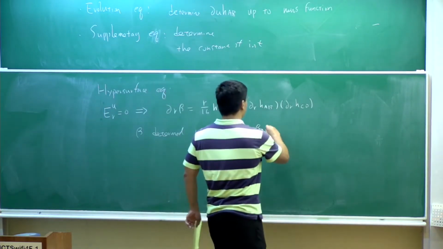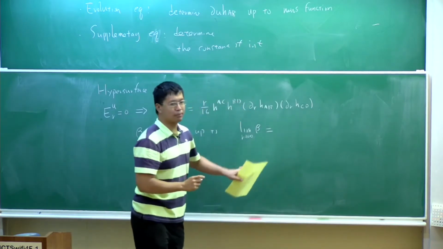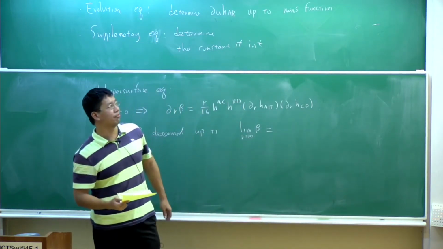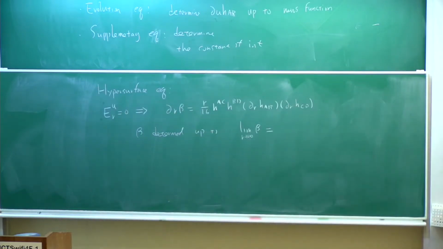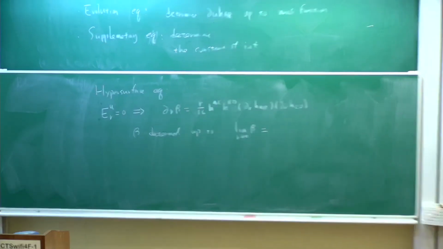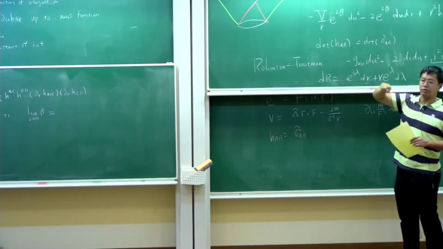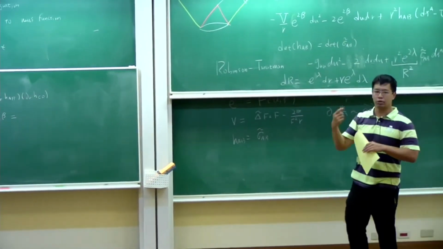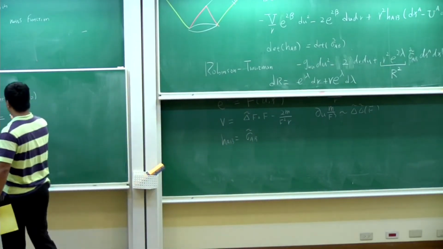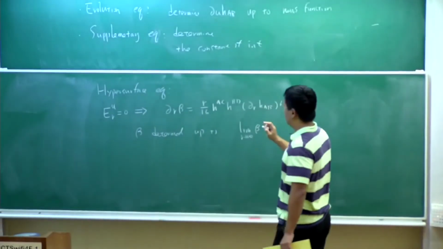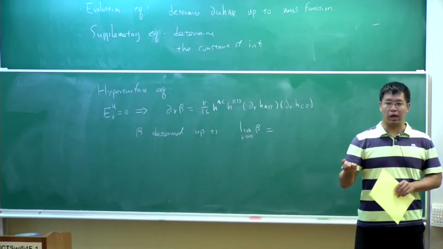Okay? And there are now these two possibilities. If we think about asymptotically flat, then the most natural way is to choose it so that e to the 2 beta goes to 1 when R goes to infinity. That means beta goes to 0 when R goes to infinity. But in fact, we can choose other things.